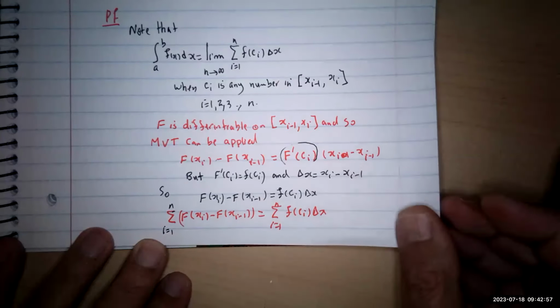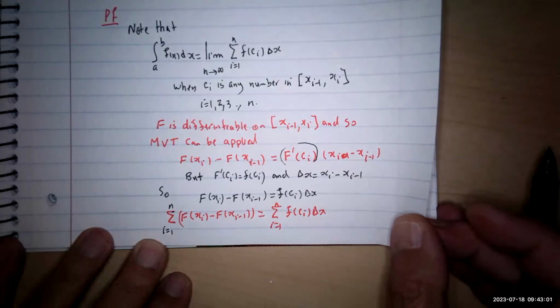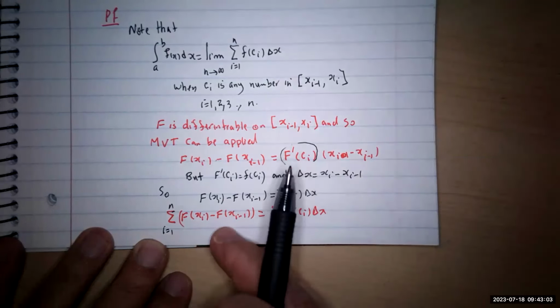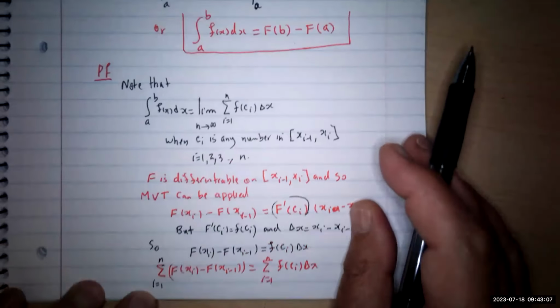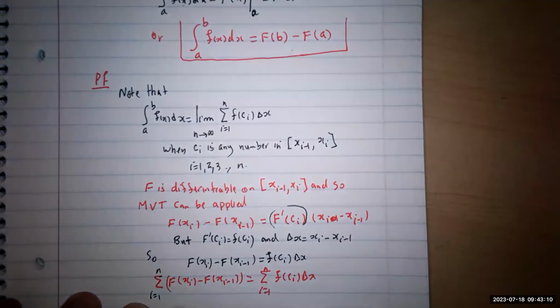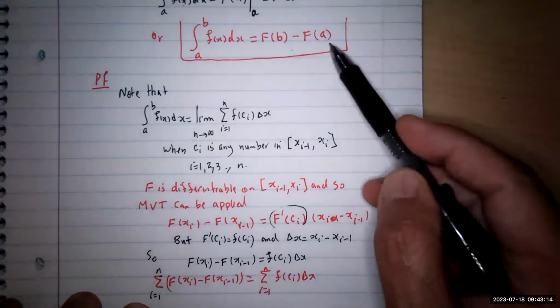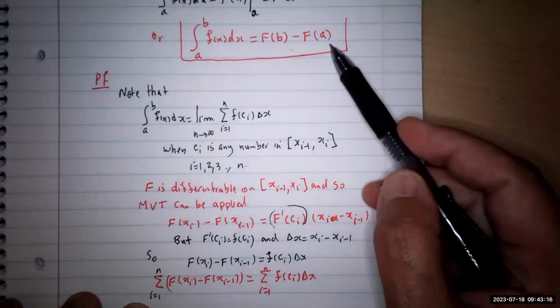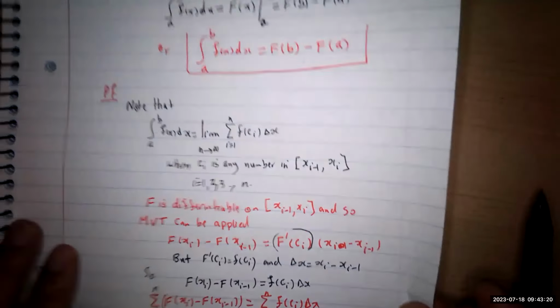Let me simplify it for you. Again, we are not going to ask you to prove it, but it's nice to know. So I'm going to open up this one and show that this is f of b minus f of a. You see, if I take the limit of both sides, this would be the integral, and this would be f of b minus f of a. So let me show you that this is f of b minus f of a, and then you're done.